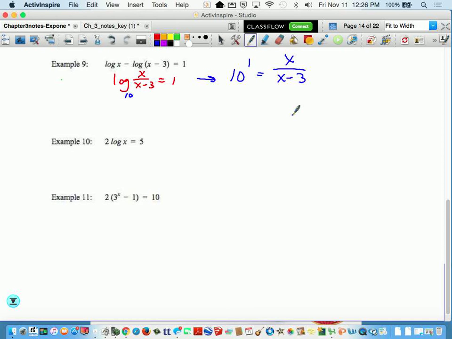So if you want to, this is a whole number. If it makes you feel better, like make it 10 over 1. And then you can cross multiply or whatever you're going to do. But I would multiply by x minus 3 over here, get rid of it there and there. This is x minus 3. So when you multiply the 10, you have 10x minus 30 is equal to x.